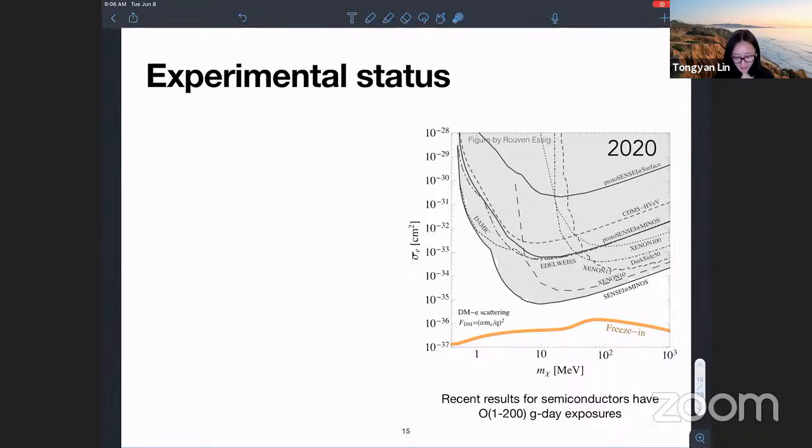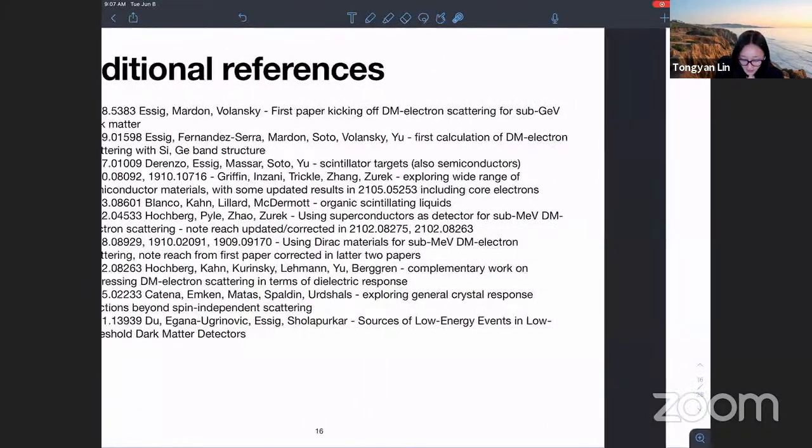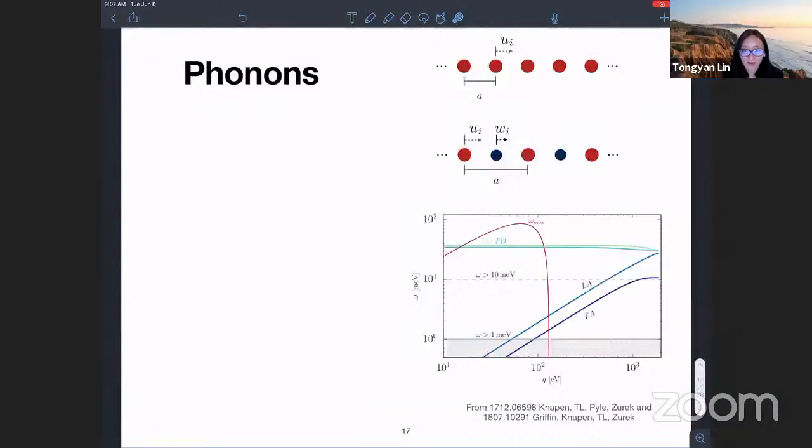So this will be pretty exciting to follow in the next few years. Okay, so that's it for dark matter electron scattering. In the remaining time, I was going to briefly cover dark matter phonon excitations. I also have lots of extra references I can share later if you're interested.